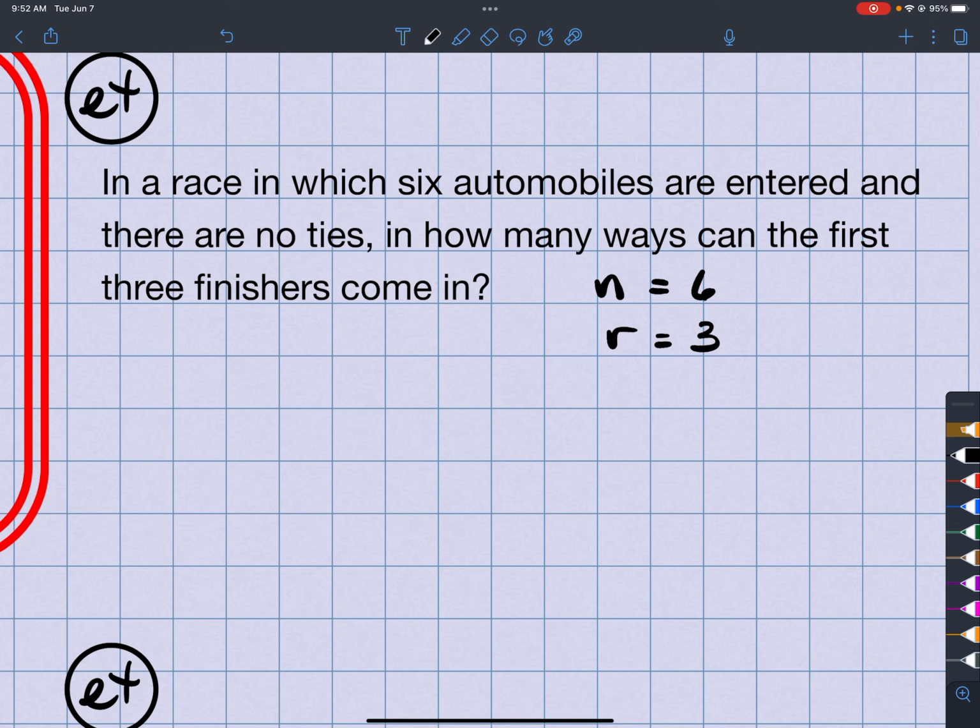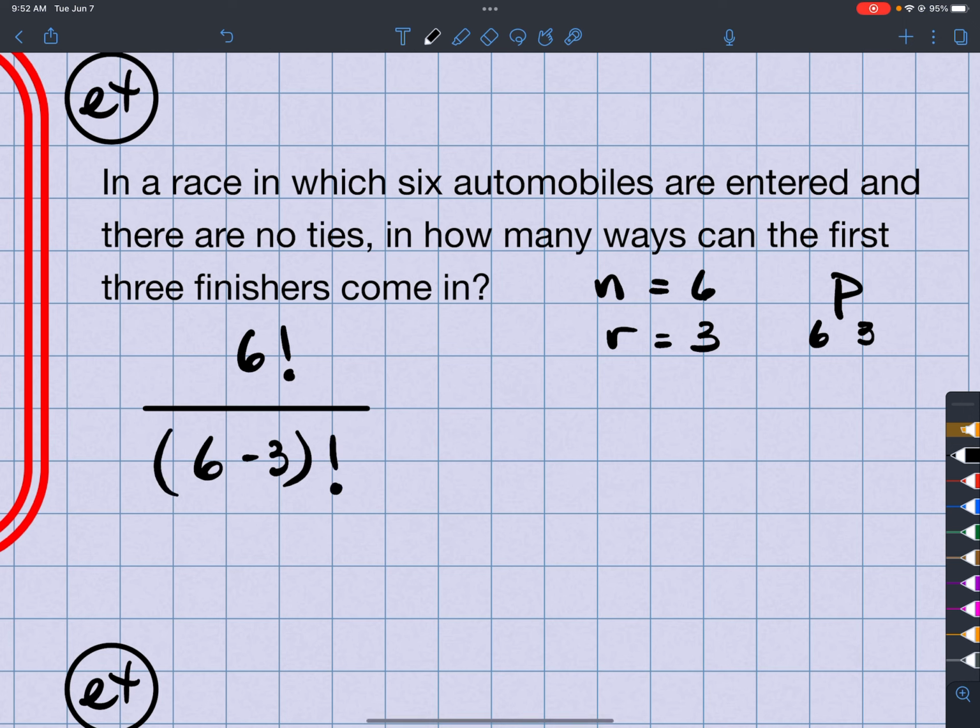So that means I have 6 and I gotta pick 3 of them. So I'm gonna have 6 factorial over (6 minus 3) factorial, right? So I got 6 factorial over 3 factorial.